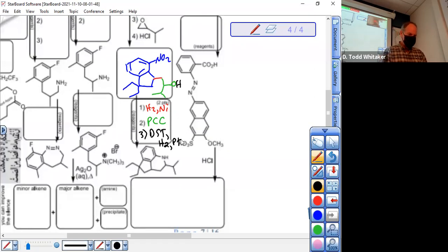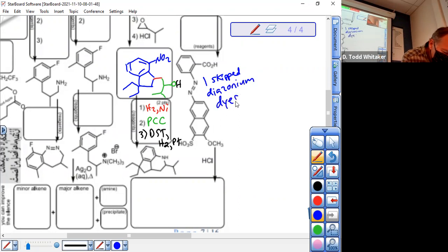So much good stuff. Looks like we're making a diazonium dye. I believe I skipped diazonium dyes; they won't be on your test.